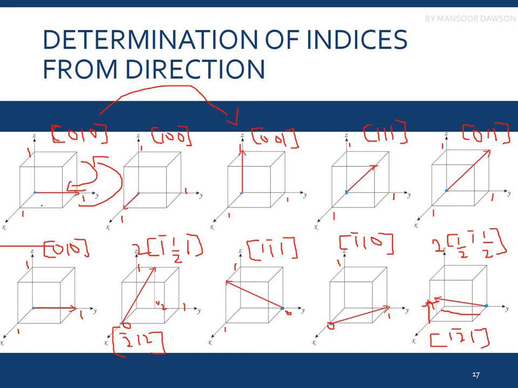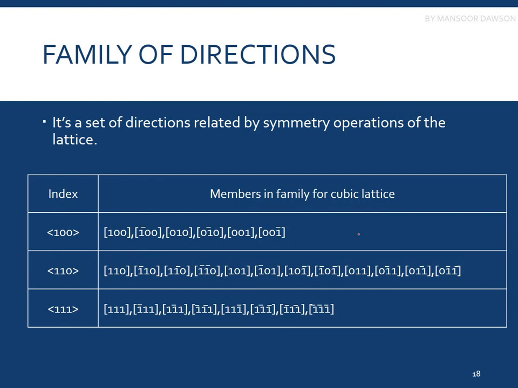You can take this one as z, and this one as x, and this one as y as well, because all of these are perpendicular and all of these are equal as well. So that is how we can comprise all these directions into a family.